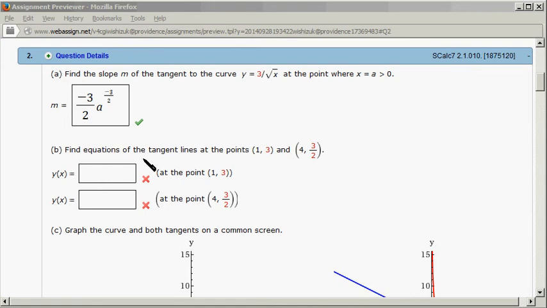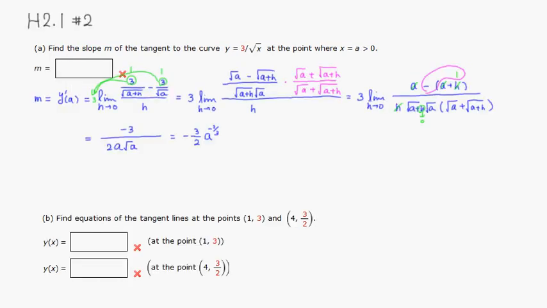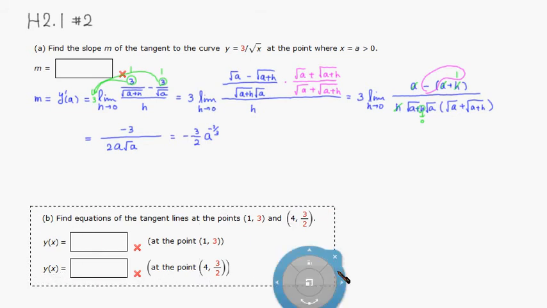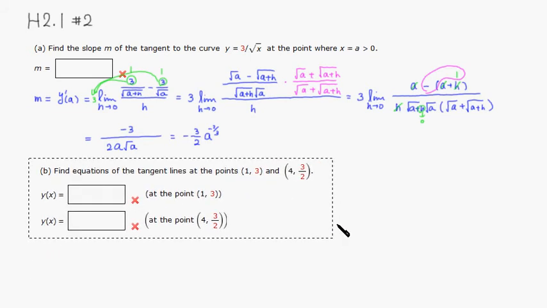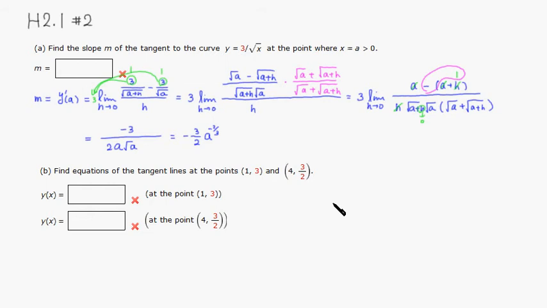All right, so we want to find the equation of the tangent line at (1, 3) and (4, 3/2). So let's do that. We are working on part B. I'm going to bring this up here a bit. We have the points already given, so we just need to find the corresponding slope.